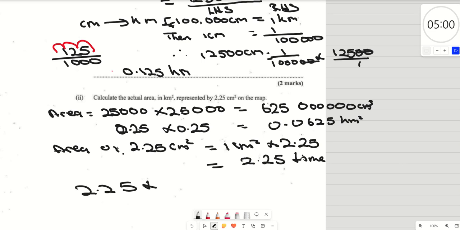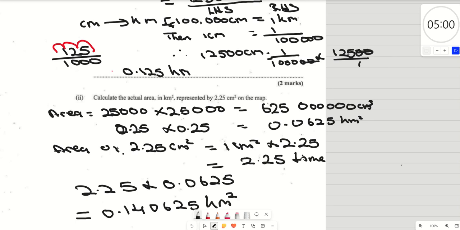So it would be 2.25 multiplied by 0.0625. When you multiply this, you're going to get 0.140625 kilometers squared. And that would be how to do this question.